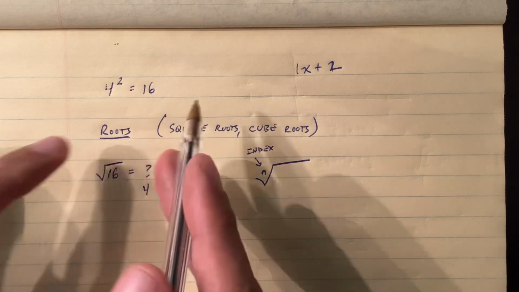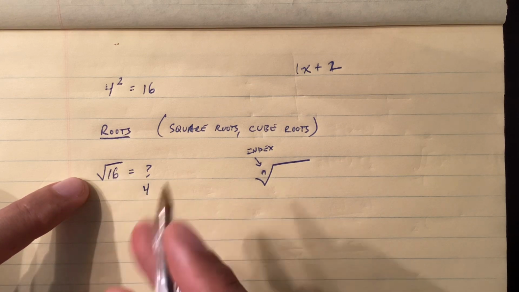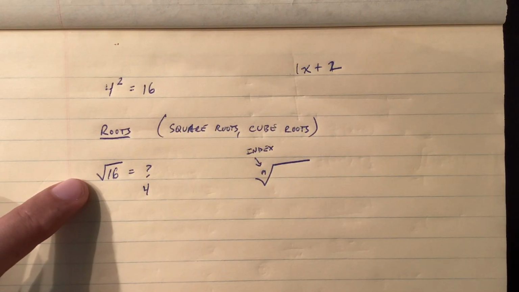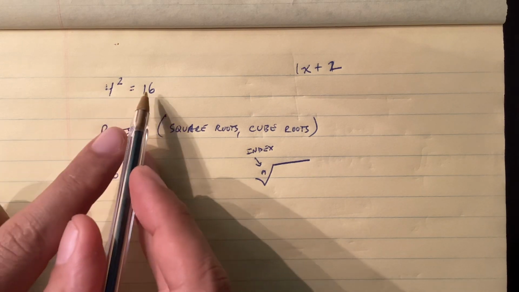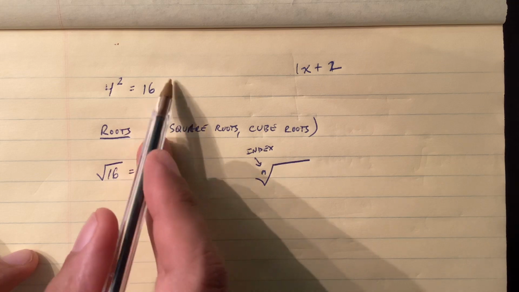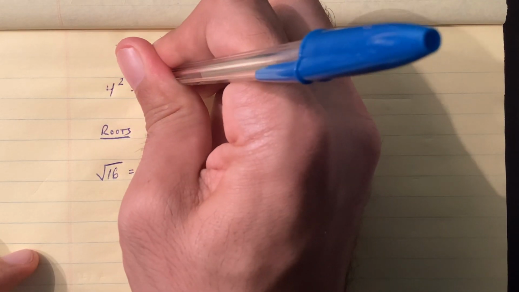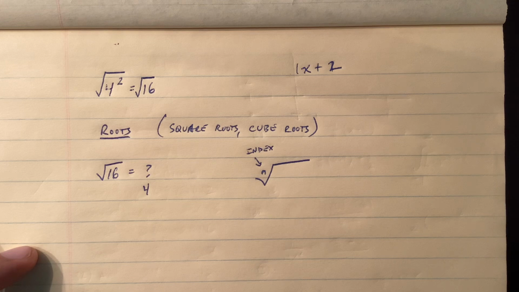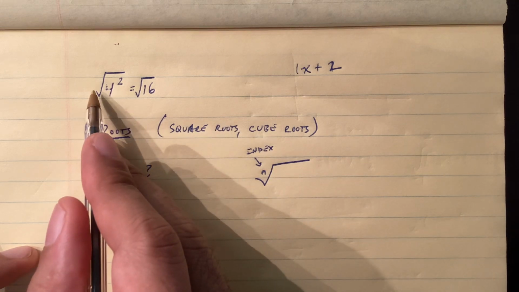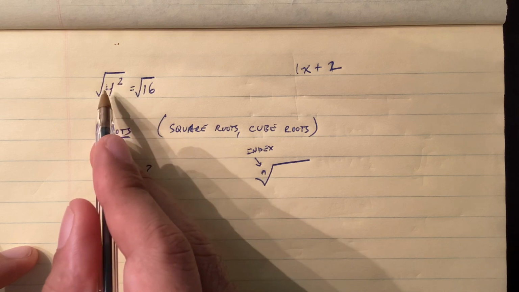But if we didn't, take a look at this power example from our previous video. Because we have an equation, something equals something, whenever we change one of the sides, we have to do the same thing to the other side. So let's take the square root of 16. And if we take the square root of 16, we have to take the square root of 4 to the second power. The idea is that we want the index to match with the power of the base.